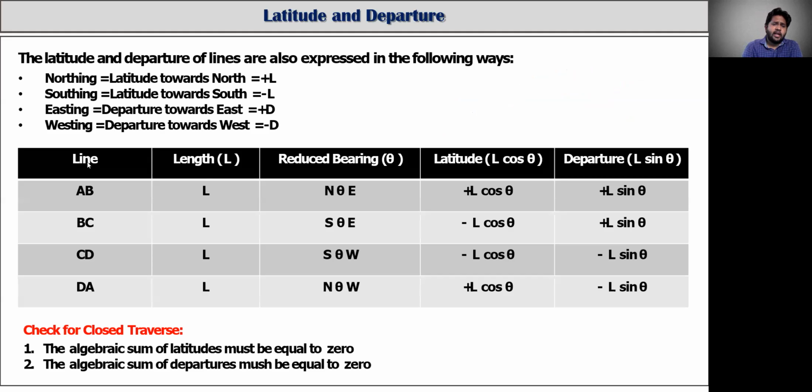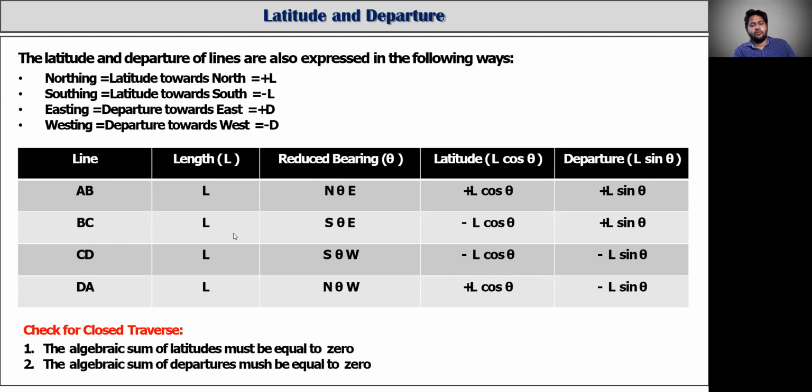See, if a line AB, the length is L, and the reduced bearing is N theta E, that angle is theta. If the reduced bearing is given like this, we need to see that it is plus L cos theta, plus L sin theta.